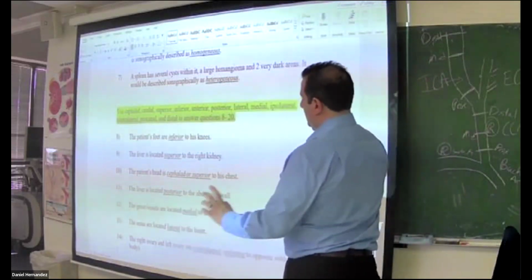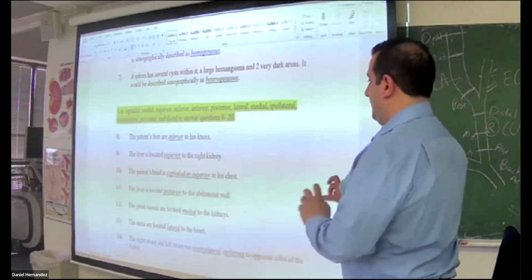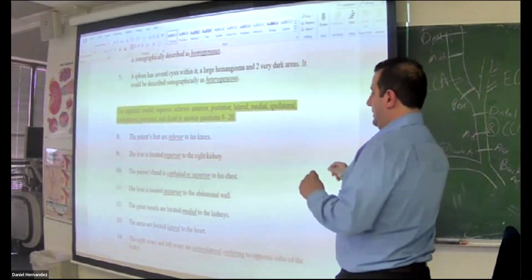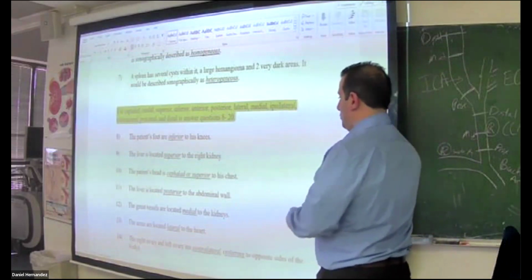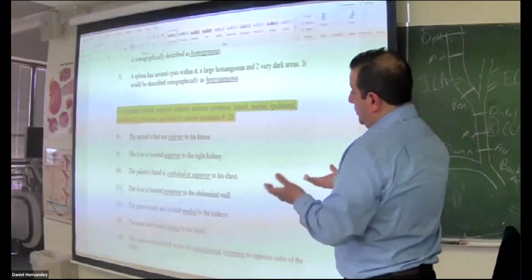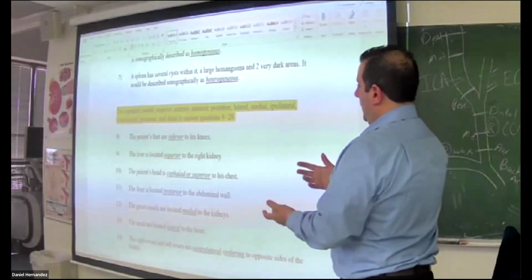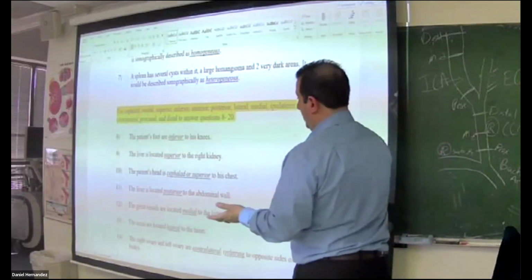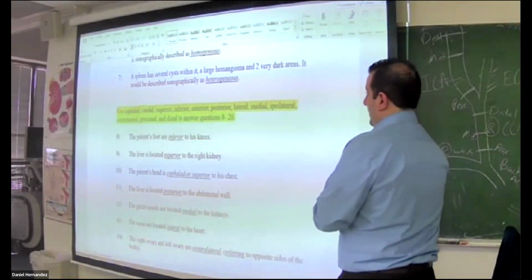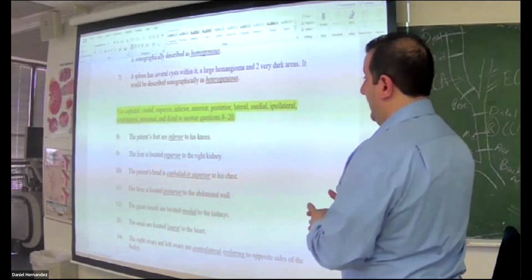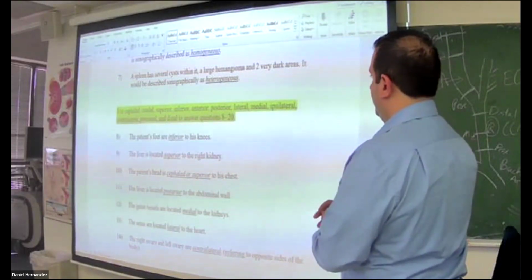Usually when we use terms like proximal and distal, it's for the same structure or same vessel, but it could be used interchangeably. The liver is located superior to the kidneys. Again, you could use cephalid to the kidneys as well.